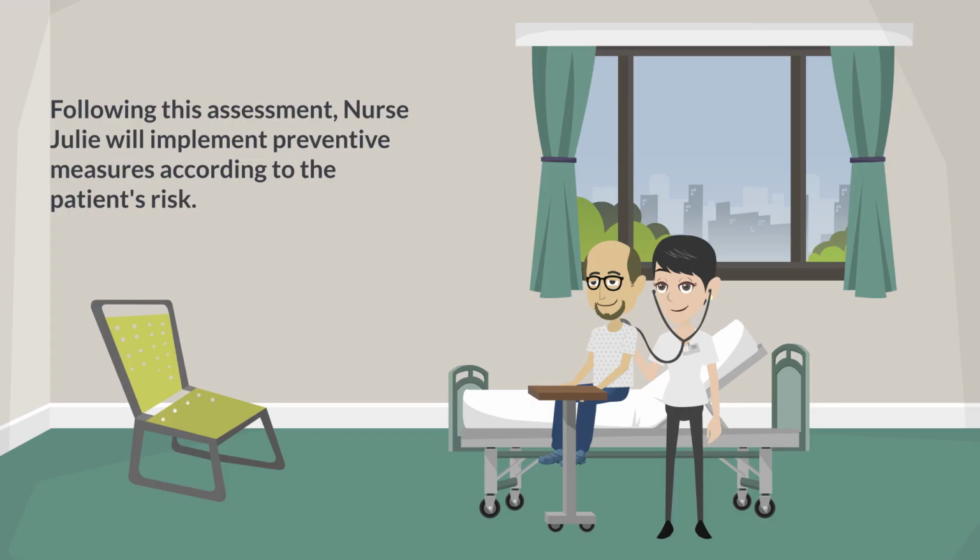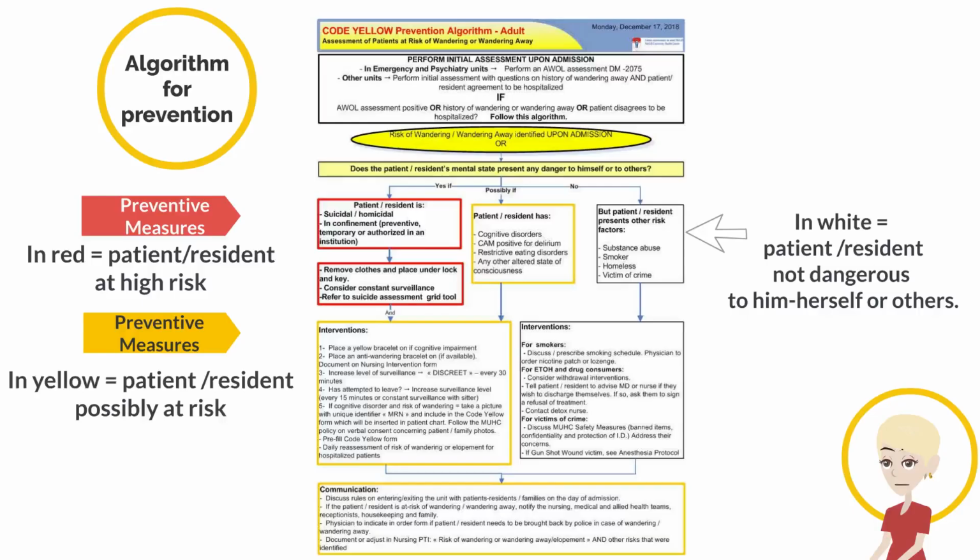Following her assessment, Nurse Julie must put in place the appropriate preventive measures, chosen according to the risk that Mr. Sauveur presents with. This prevention algorithm shows you various preventive methods in accordance to the level of risk that a patient presents with.